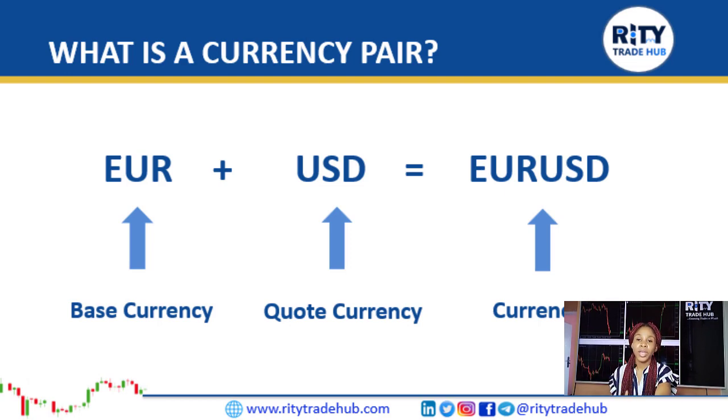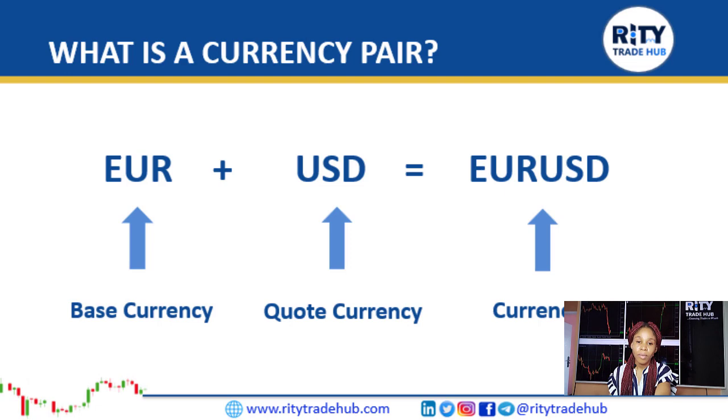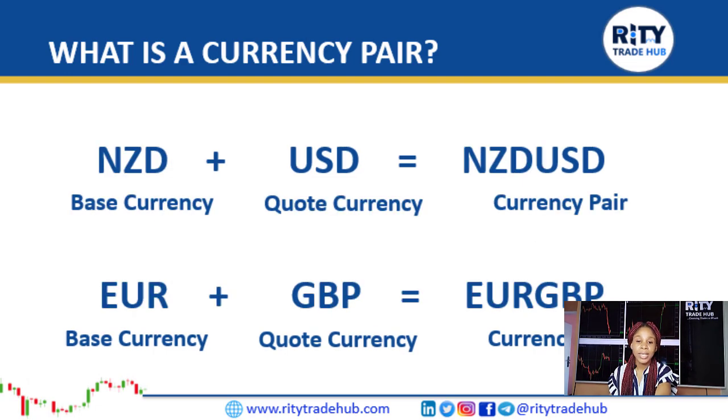There are occasions in which the weaker currency is written first. The examples include the NZD USD. In this pair, the US dollar is stronger than the New Zealand dollar.